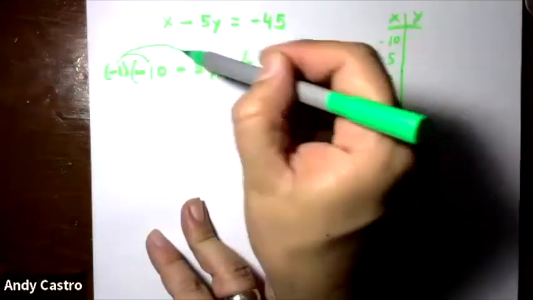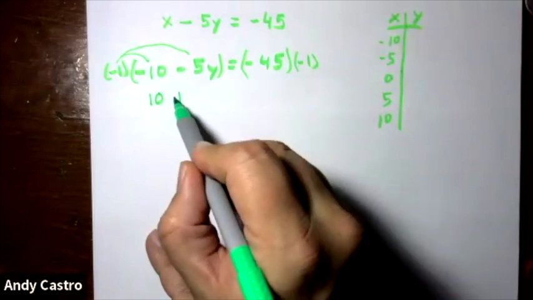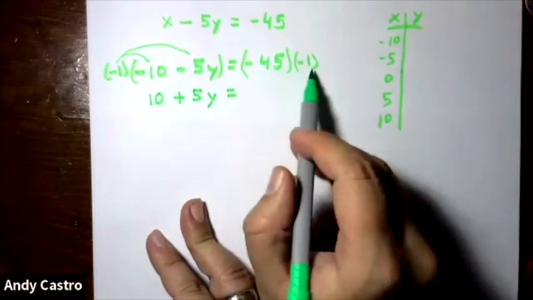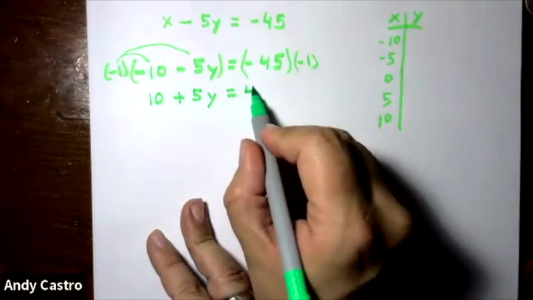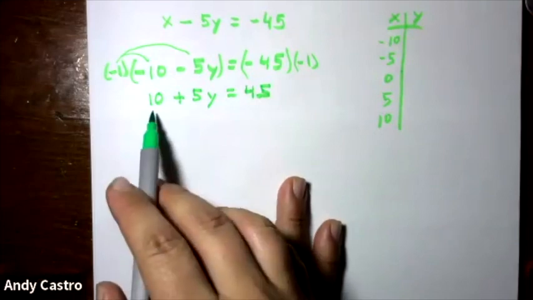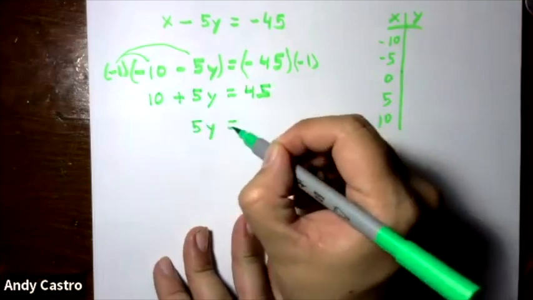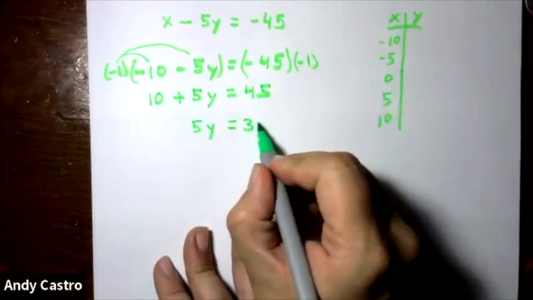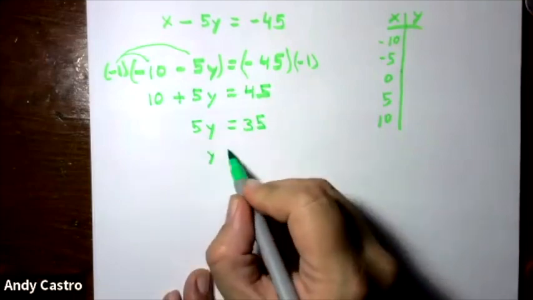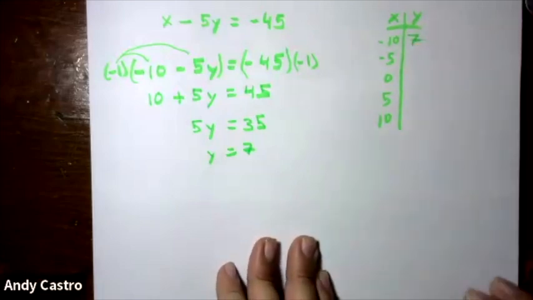So if I distribute in this negative, it gives me a +10 plus 5y is equal to -45 times -1, +45. I'll subtract 10 from both sides, and I get 5y is equal to 35. Divide both sides by 5, y ends up being 7. All right, that's the first one.